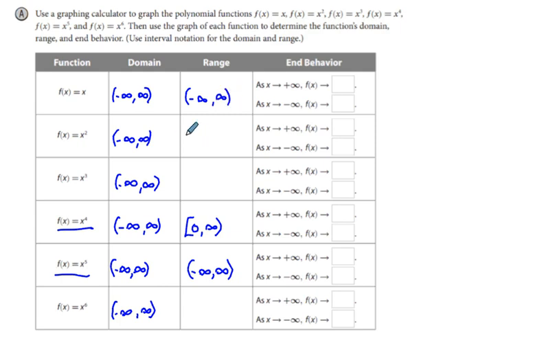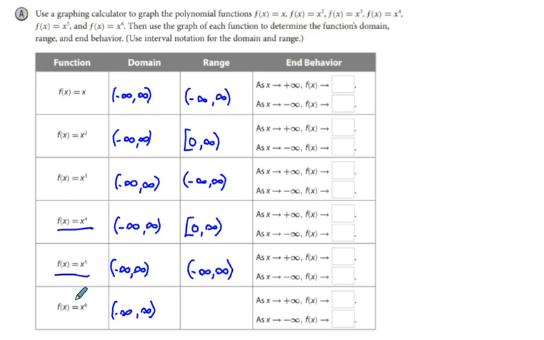Our quadratic function is going to have a minimum of 0, and so our range goes from greater than or equal to 0 to less than infinity. And then for x to the third power, we have the range greater than negative infinity, less than infinity.